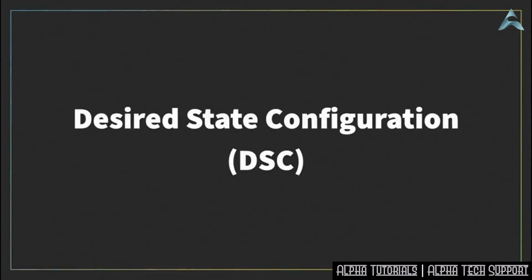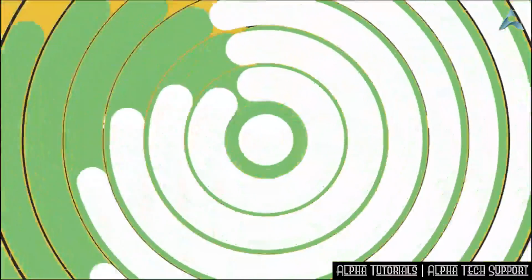Now that we have learned about PowerShell runbooks and update management in Azure Automation, it is time to learn one of the most sought after and widely used features, and that is desired state configuration.